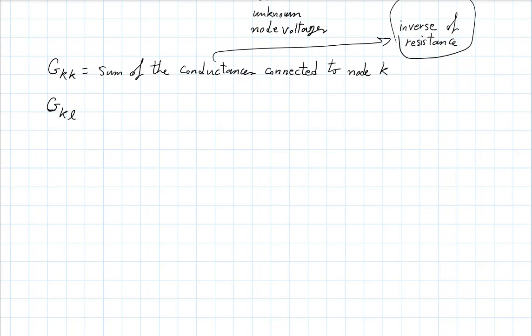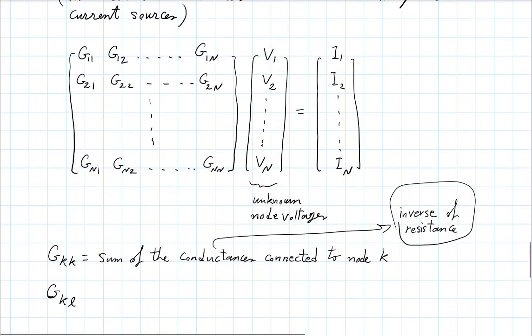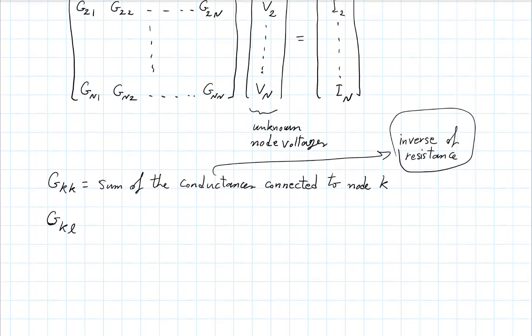GKL, let's say, so the off-diagonal elements, so G21 or G35 and so on, is the sum of the conductances directly connecting node K and L with a negative sign.